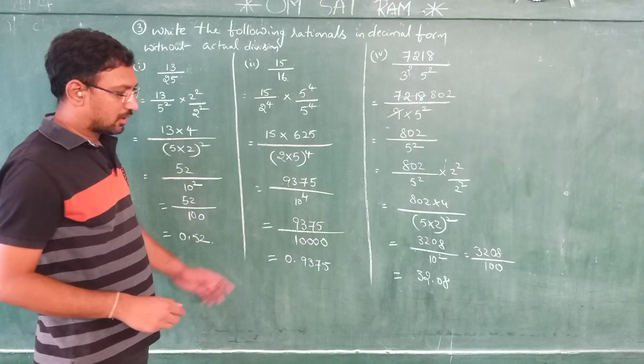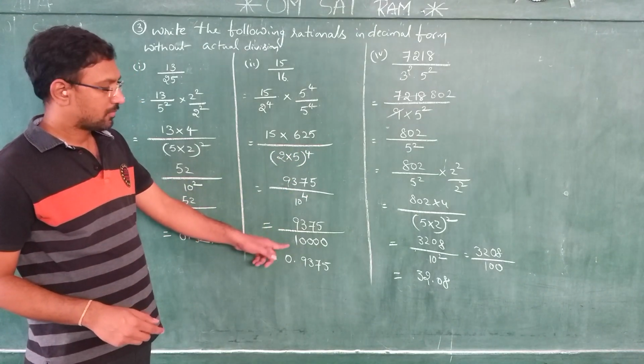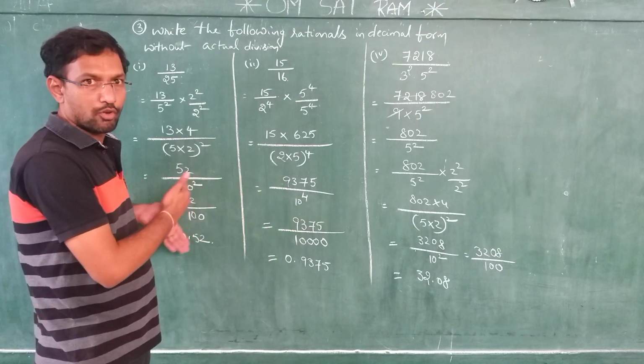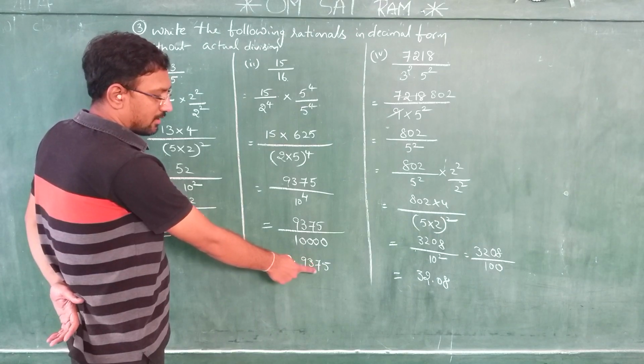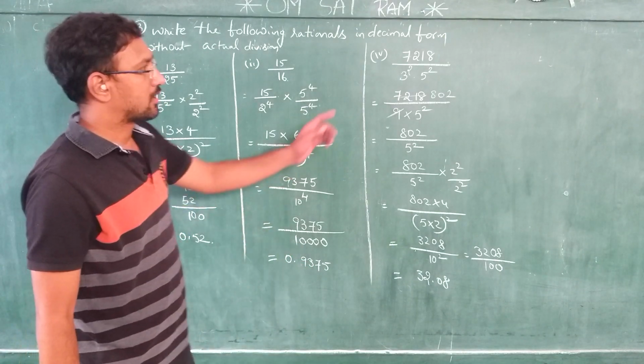If we divide by 10,000, then the decimal point moves 4 places to the left. So that is 0.9375.